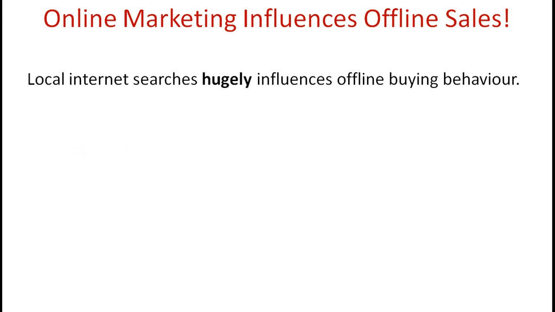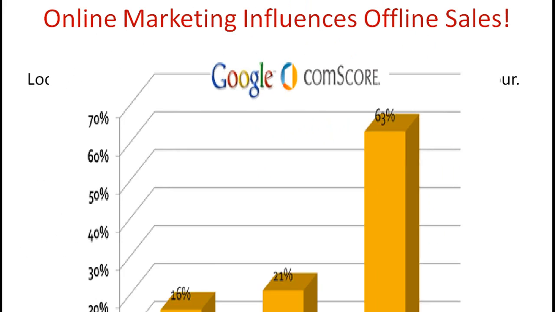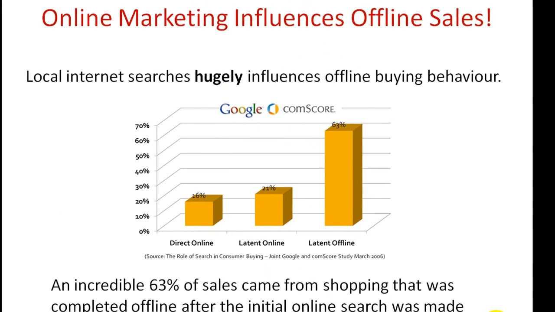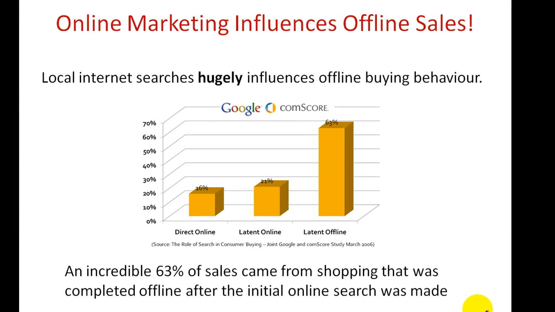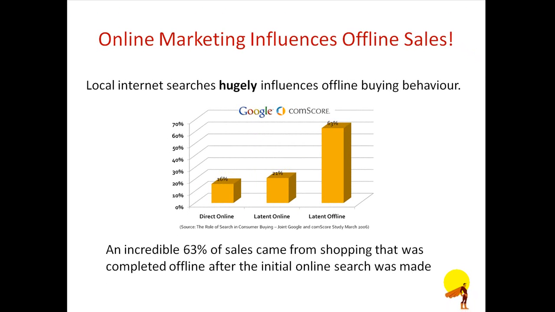But more strikingly, an incredible 63% of sales came from shopping that was completed offline at some point after the initial online search was conducted. 63%. I really hope that proves to you that the buying decisions of your potential customers are being greatly determined online first. So really, if they can't find you online through a local search, chances are you'll be losing sales.